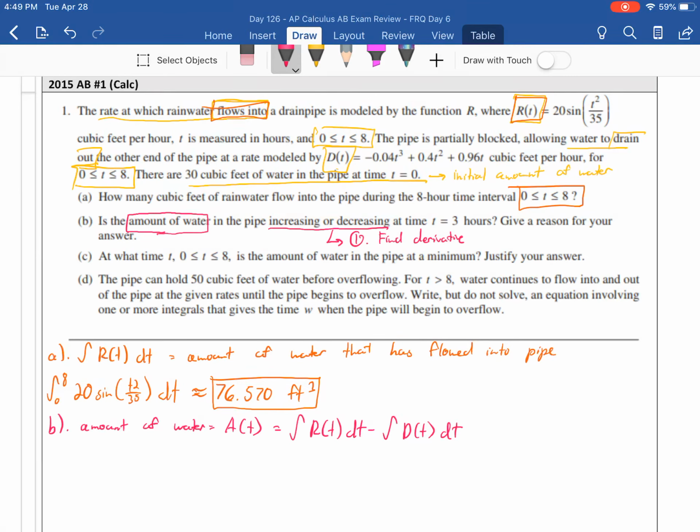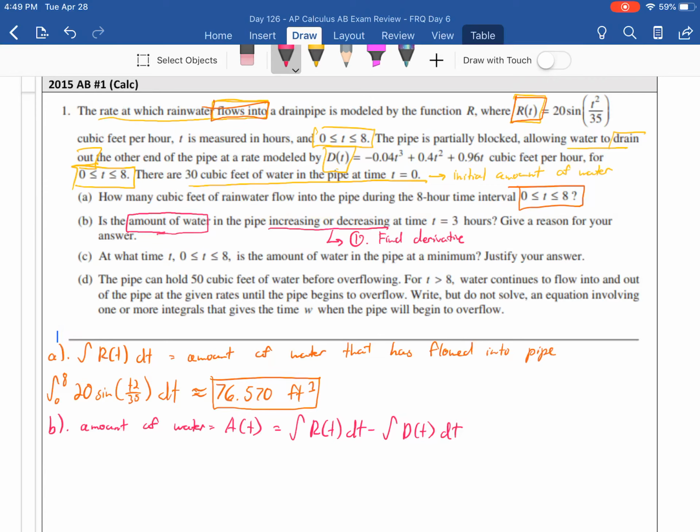A very simple example to think of is pretend during this 8-hour time interval, 5 cubic feet of water is flowing in, and during the same amount of time, 3 cubic feet of water is draining out. Well, if 5 cubic feet flows in and 3 cubic feet drains out, that means a total of 2 cubic feet is left over, right?